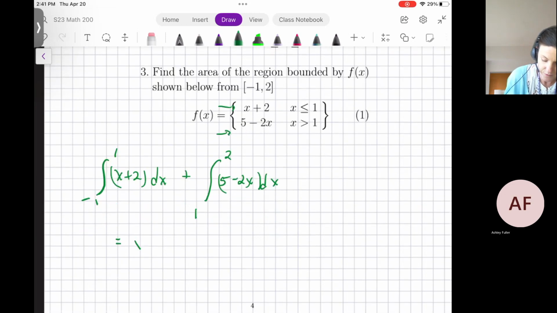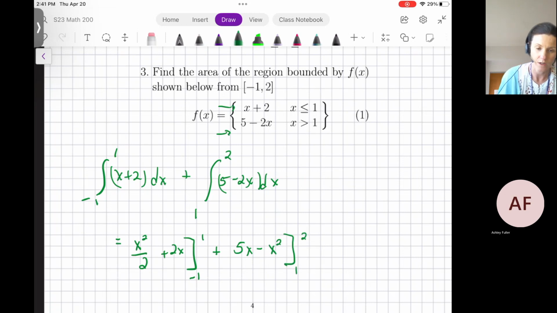Calculating this integral, this first part would give us x squared over 2 plus 2x, and we'll calculate that from -1 to 1, plus 5x minus x squared from 1 to 2.